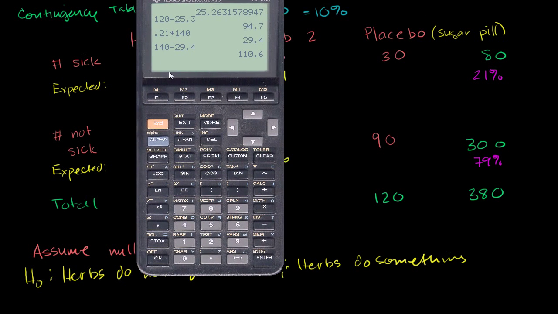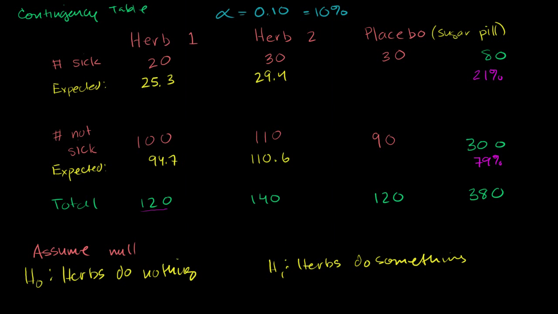We expect 21% of our group of 120 to get sick. So it's 25.2. Actually, since we're rounding, these will be the same number over here. I said 21%, but it's 21 point something, something, something.